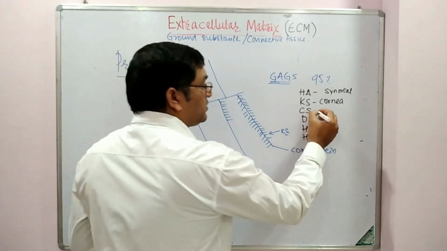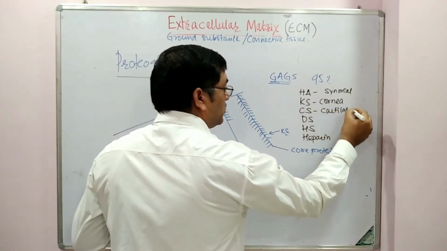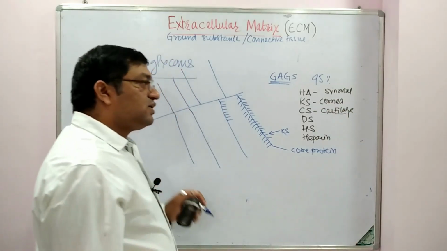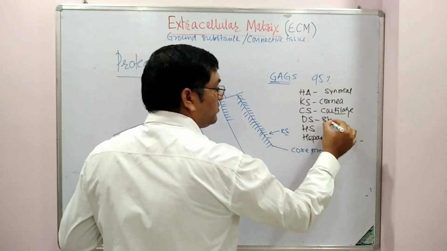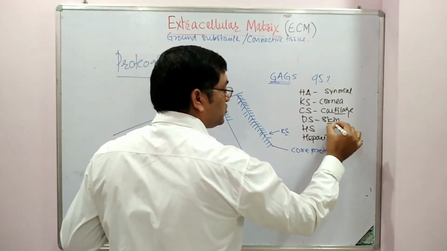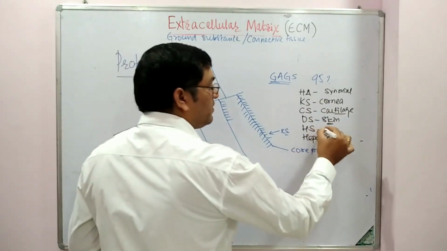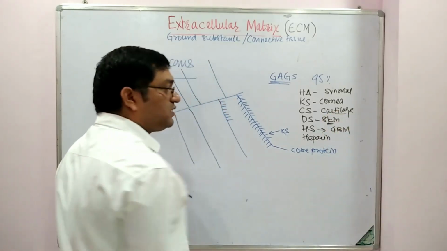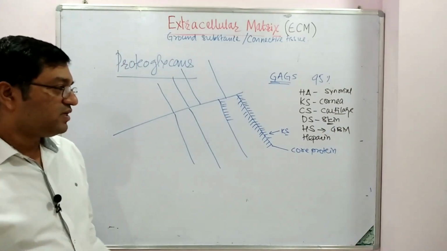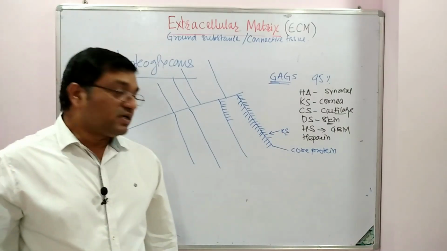Chondroitin sulfate is present in cartilage. Dermatan sulfate is present in skin and has wide distribution. Heparan sulfate is present in the glomerular basement membrane and is responsible for charge selective glomerular filtration.